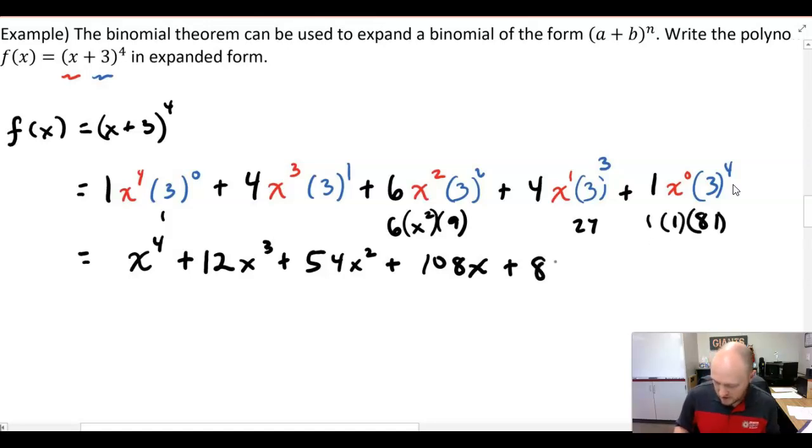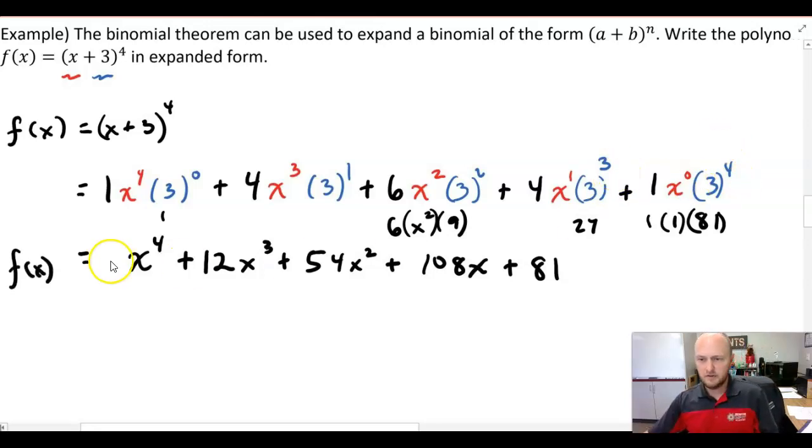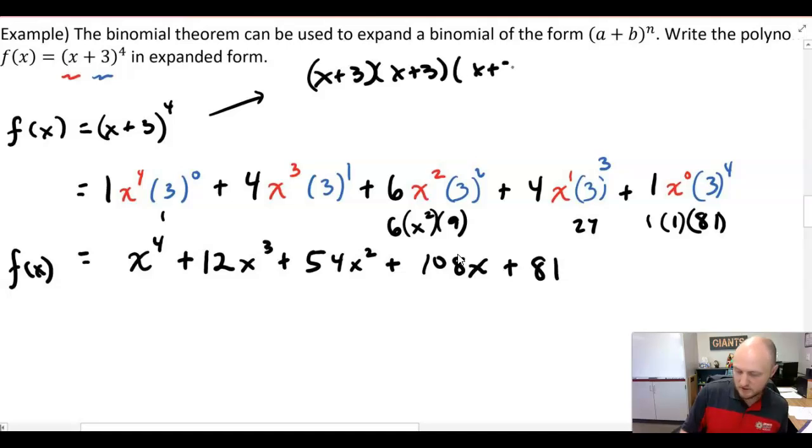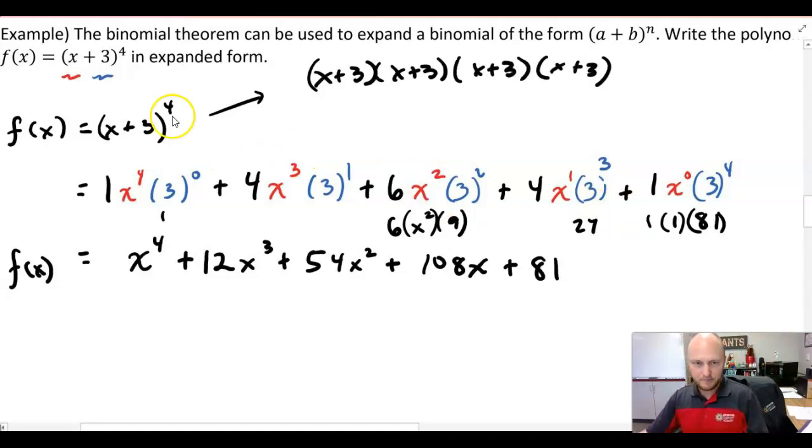So we get just 81. Okay. Here is the expansion of our x plus 3 to the power 4 using binomial expansion. If you did not use this, what you would have to do is you'd have to do this. X plus 3 times x plus 3 times x plus 3 times x plus 3. And that can be a lot. Okay? All right, let's look at a second example.